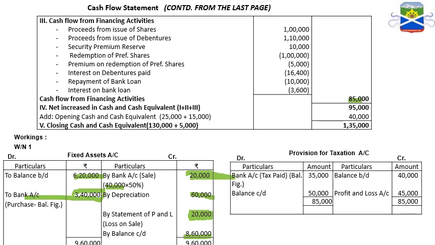Now in the same way we'll go for provision for tax as the question is given. In the provision for tax account, the opening figure, that is the liability, will come on the debit side, and the closing figure will come on the credit side. And the provision for tax as per the question is given 45,000, it is provided for. And if you go for minus, then tax paid will come, this is bank, we paid it, that is 35,000.